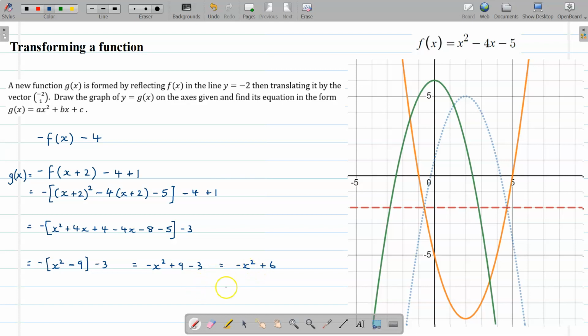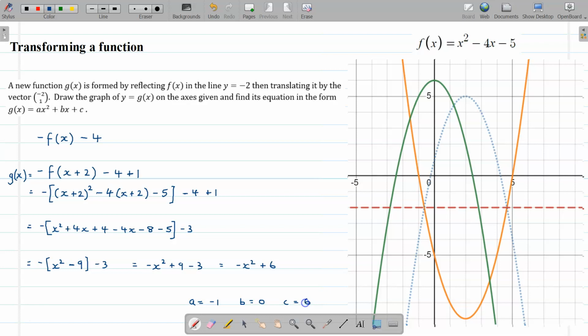Now it's written in the form ax squared plus bx plus c, but because the middle term, the x term, is 0, then b is 0, so a is minus 1, because that's the coefficient of x squared. b is 0 because that's the coefficient of x, and c is 6.